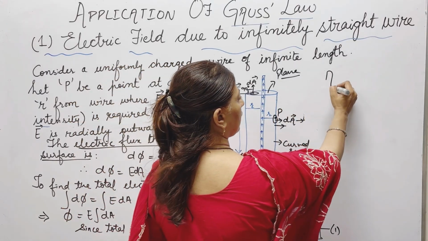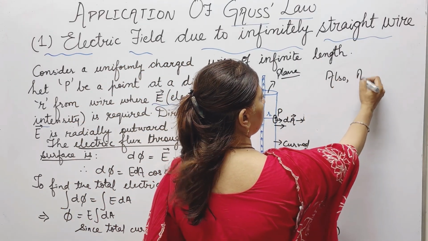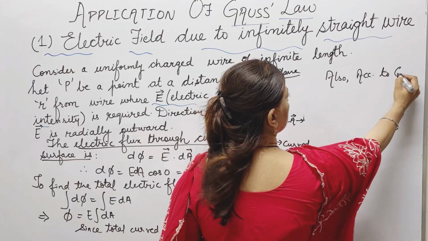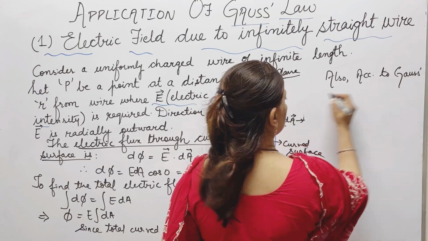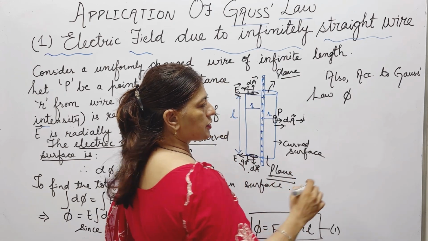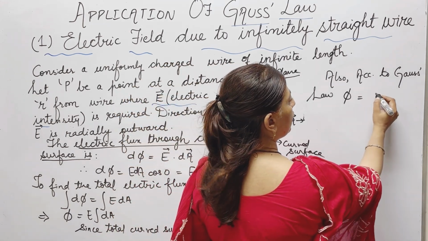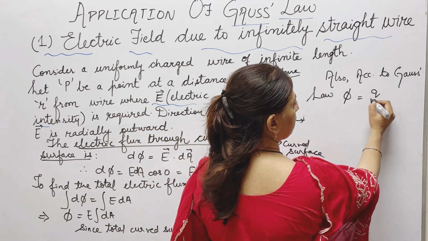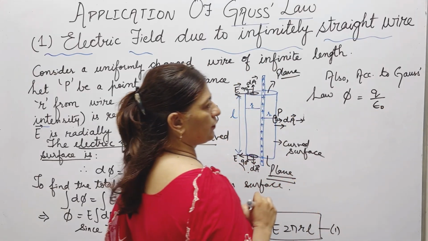Also, according to Gauss law, phi, the electric flux, is equal to 1 upon epsilon naught times the charge enclosed.